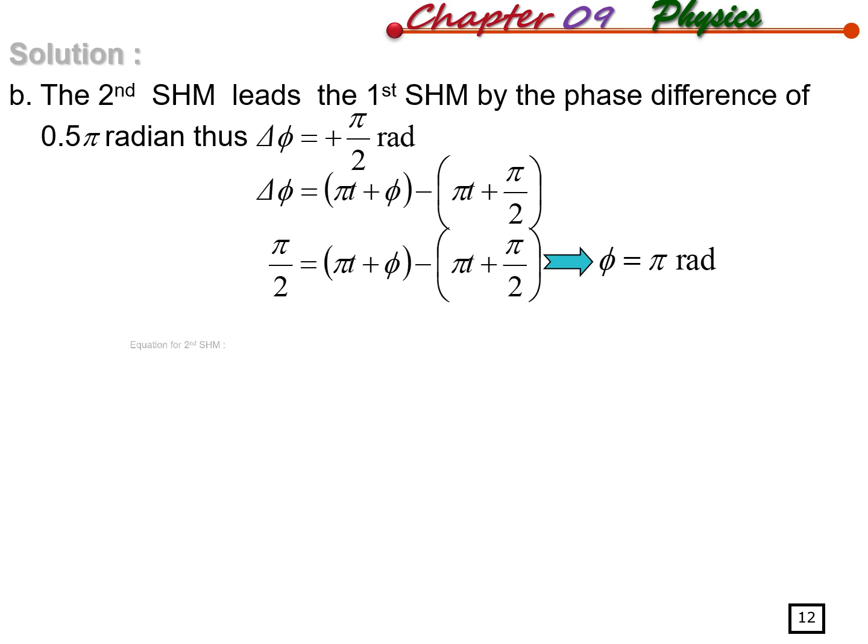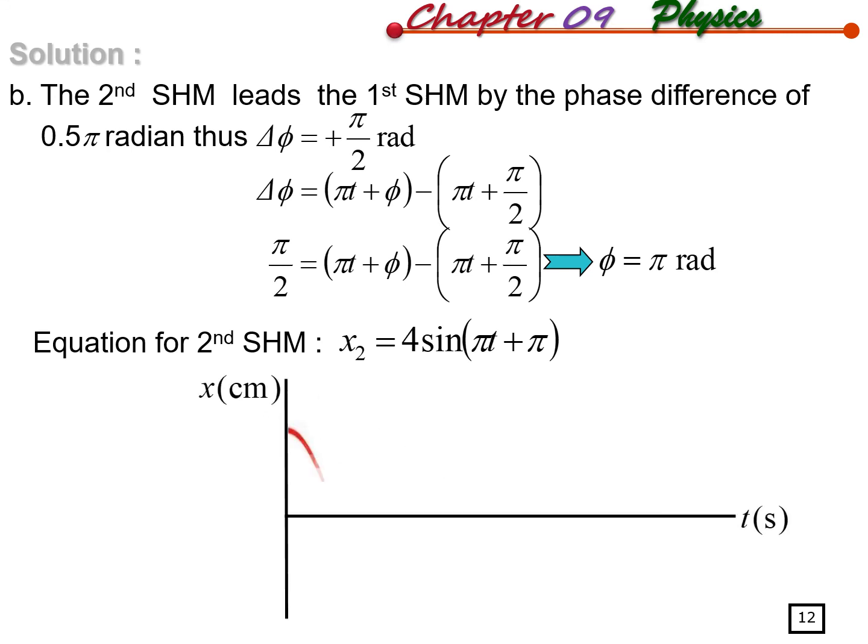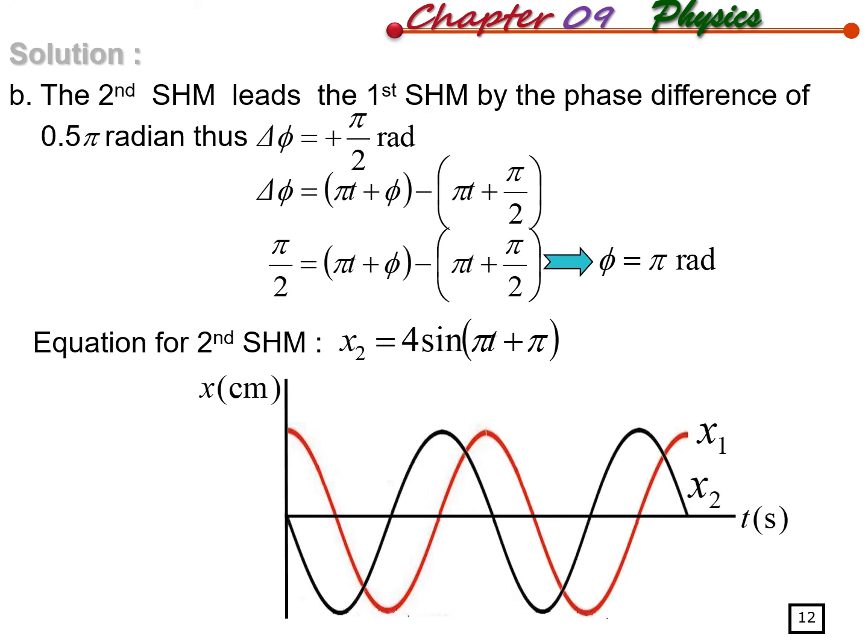So the equation for the second simple harmonic motion will be 4 sine pi t plus pi. Okay, so if you plot the first graph, it will start with maximum amplitude, and for the second graph it will start from 0, but the first amplitude will have a negative value over here. Okay, and then we do the labeling.